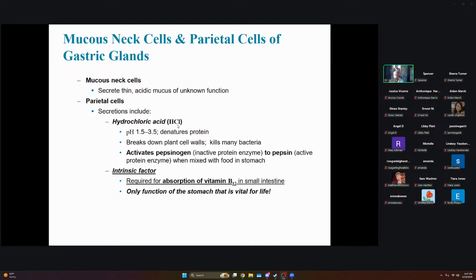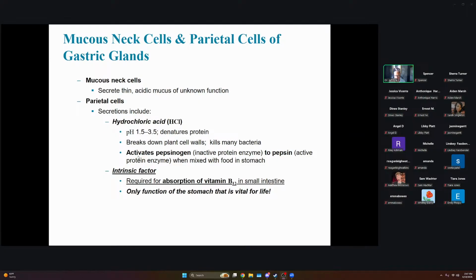Okay, so a variety of things that hydrochloric acid does. However, maybe one of the most important functions of hydrochloric acid is to activate pepsinogen and convert it to pepsin. Let me explain what that means.